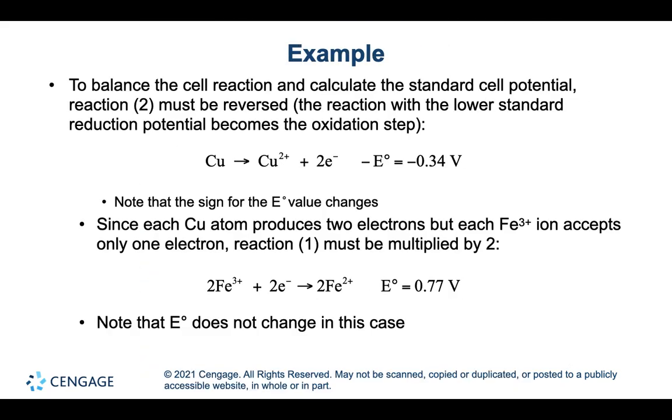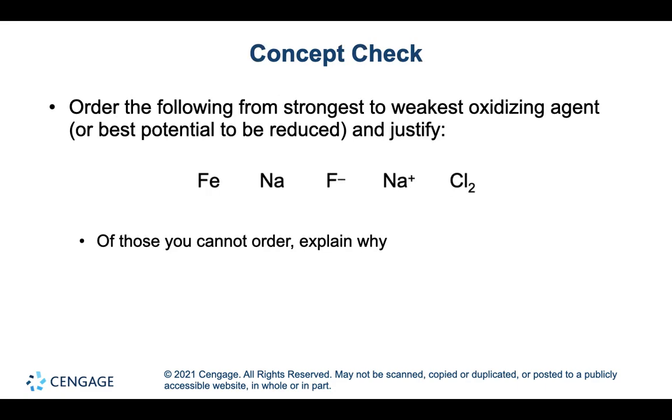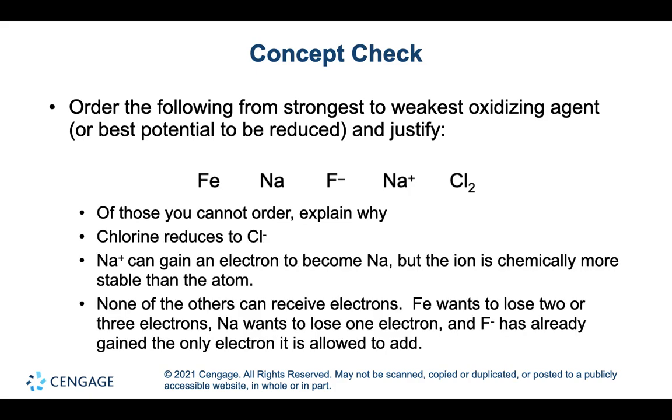So to get back to the concept check, I basically would not include the Fe, the Na, or the F minus, because there's no way you can gain electrons on those. However, I might compare Cl2 and Na plus, Cl2 reducing to Cl minus, and Na plus gaining an electron to become Na.